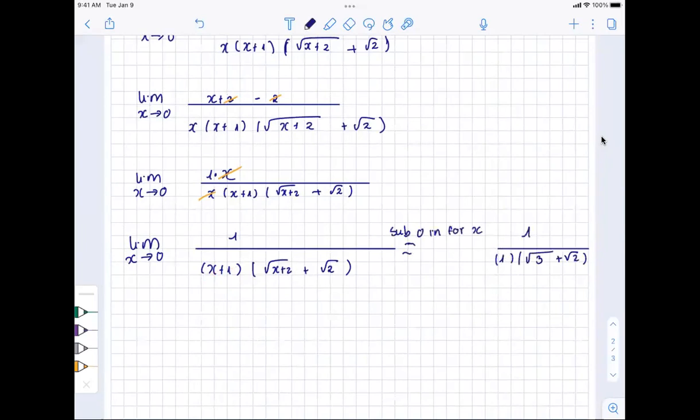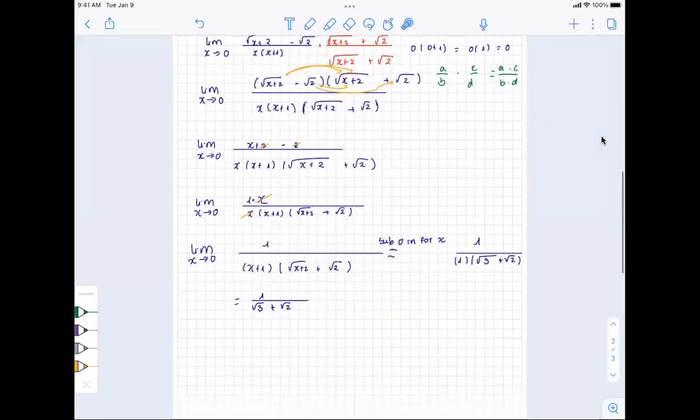So that is equal to 1 over the square root of 3 plus the square root of 2. You can leave your answer as this, or you can simplify it more.